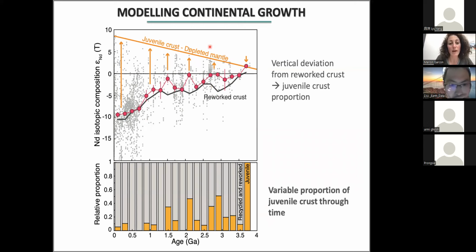And then you have another contribution, which is the new crust, which is what we try to constrain here. And so you can do the mass balance to quantify how much new crust you need to add to get to this pink composition, while you're supposed to be there if you erode just old crust. So this is taken into account in the model, but of course not at the local scale, assuming that you're looking at things on a global basis.